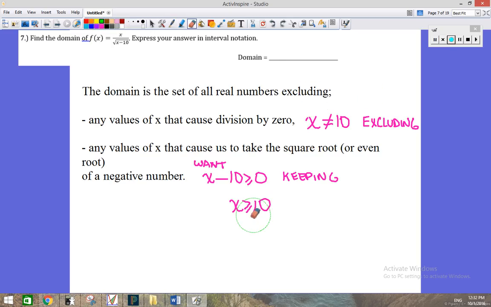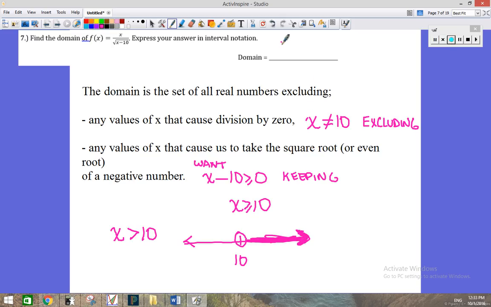Since 10 is already excluded, my final answer is that x is strictly greater than 10. And on a number line, if this is where 10 is, values that are strictly greater than 10 are to the right.